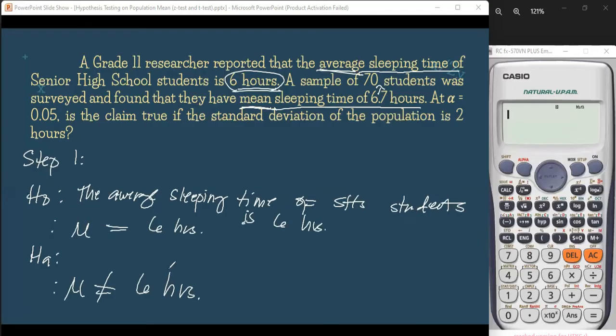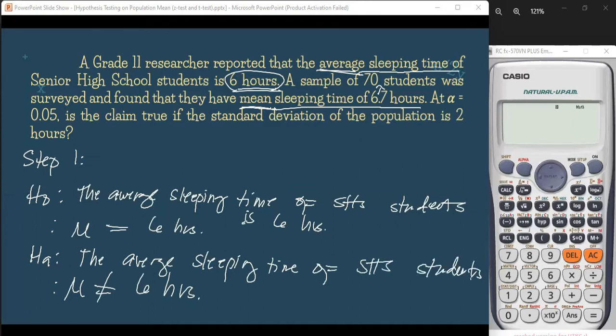Ngayon po, dito po sa alternative, ano nga po yung itinadagdag natin para maging alternative na siya? It is the word not. So we have here the average sleeping time of senior high school students is not 6 hours.